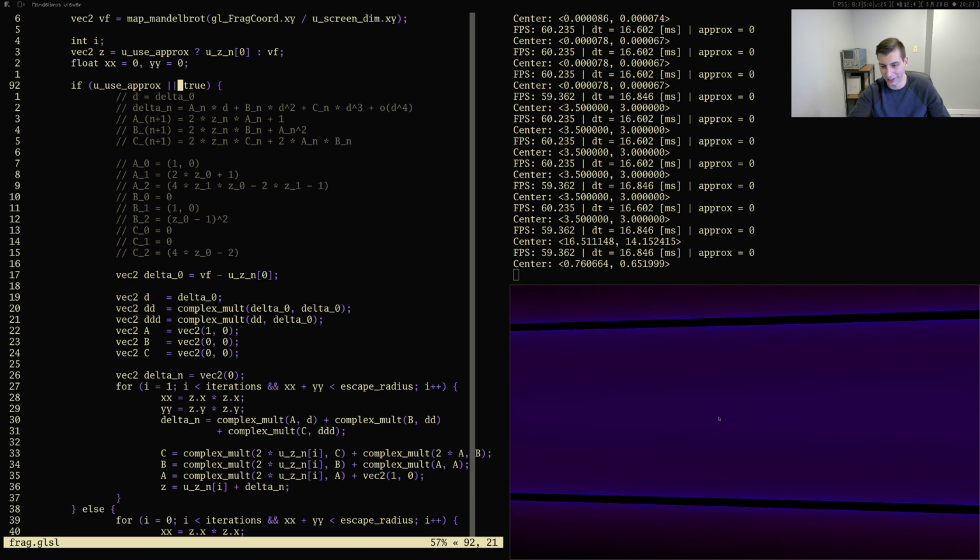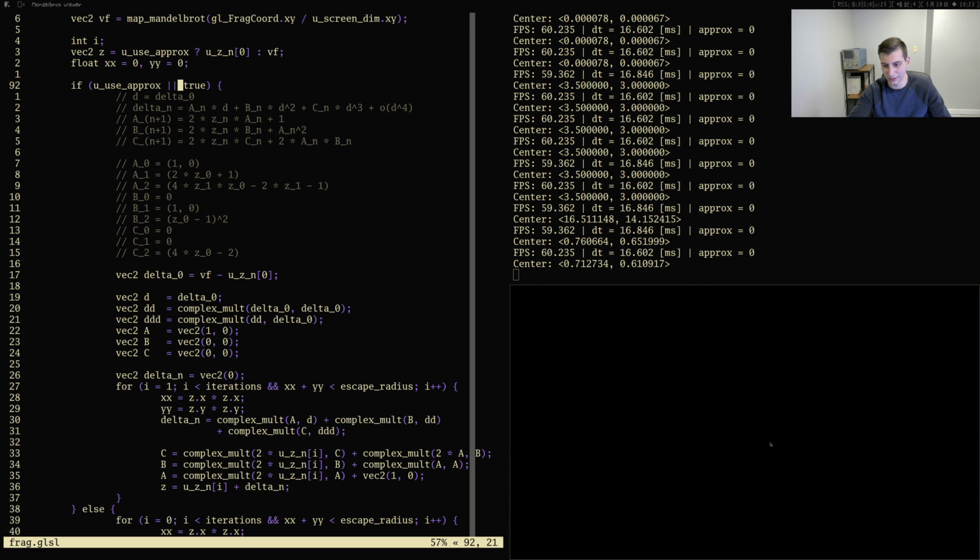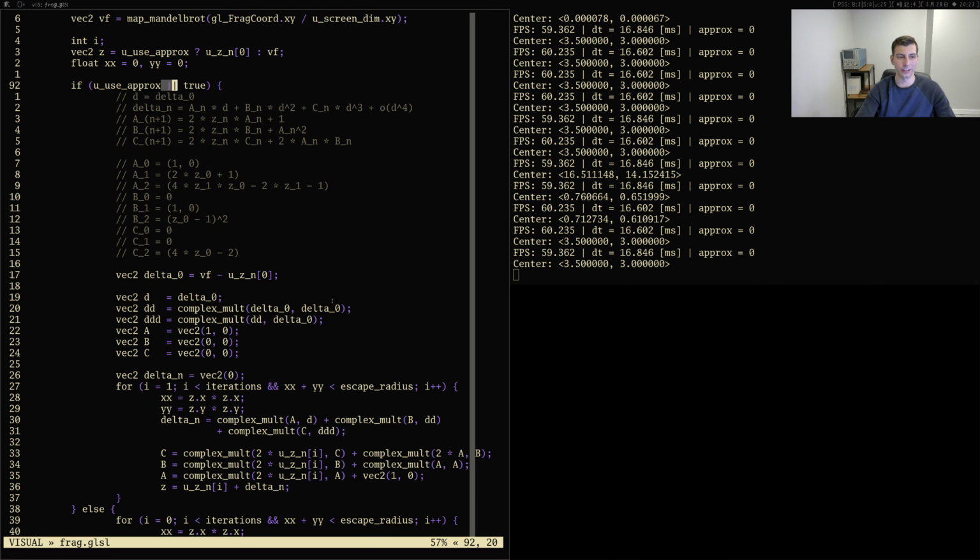It's kind of cool looking. Oh, bye bye Mandelbrot. I think that's because I reset the Z ns. It only gets calculated when you zoom in far enough, so I could do that.